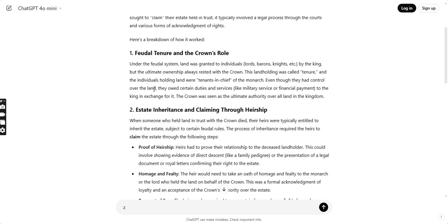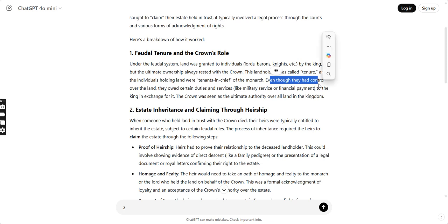1. Feudal tenure and the crown's role. Under the feudal system, land was granted to individuals, lords, barons, knights, etc., by the king. But the ultimate ownership always rested with the crown. This landholding was called tenure, and the individuals holding land were tenants in chief of the monarch.